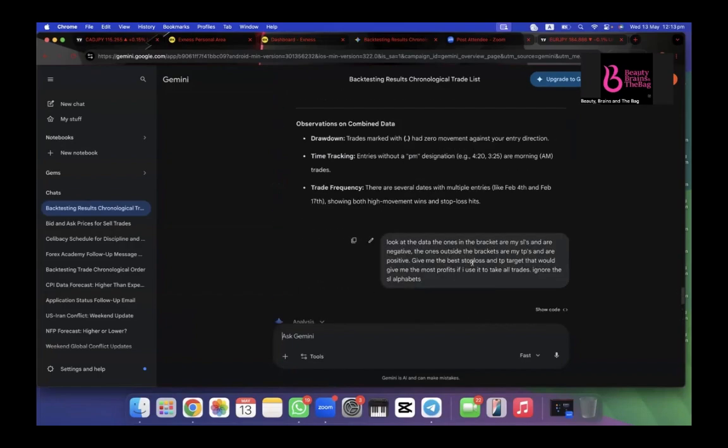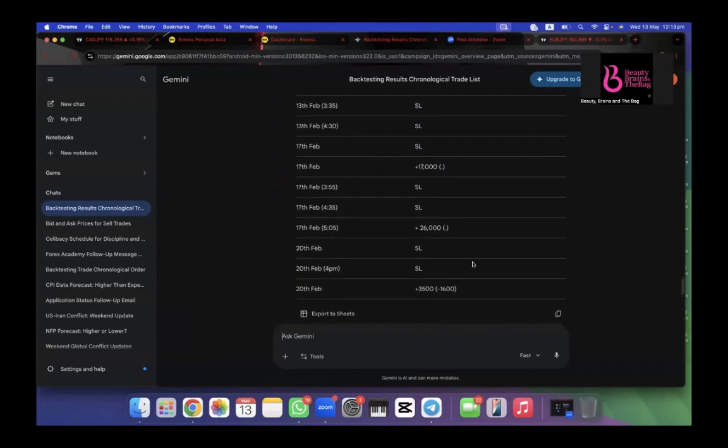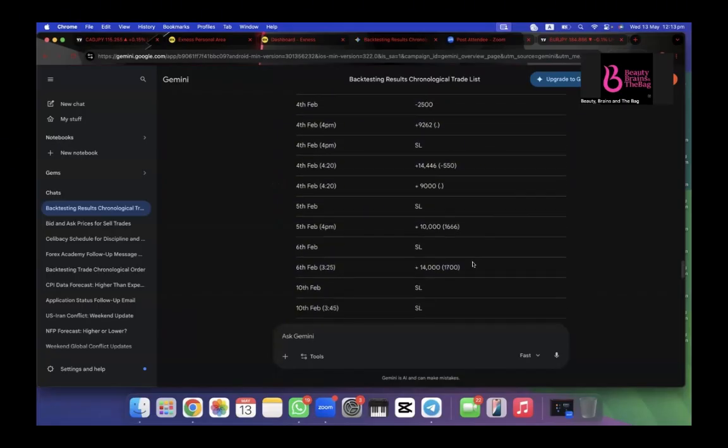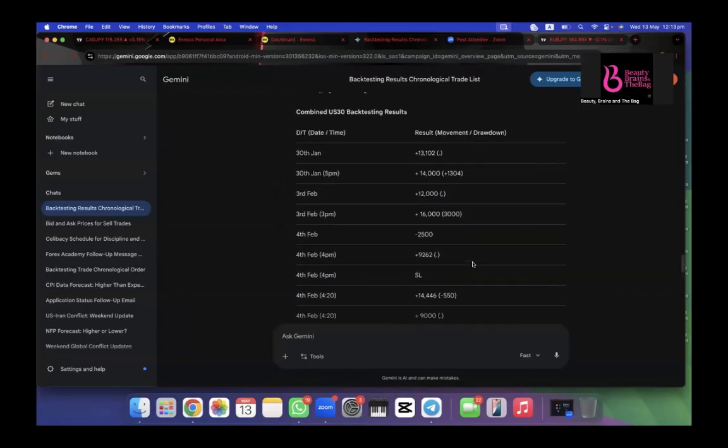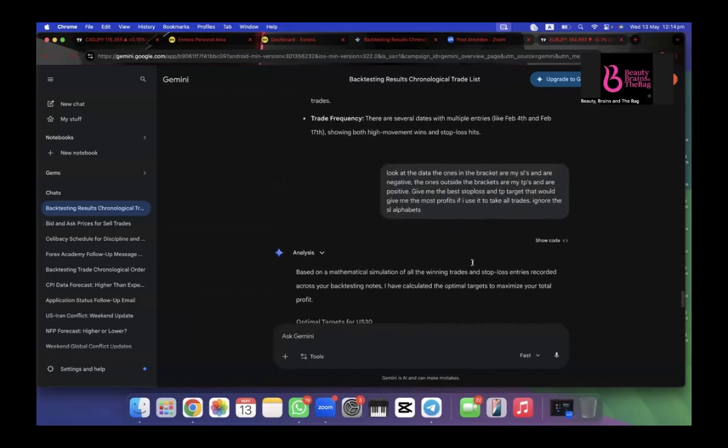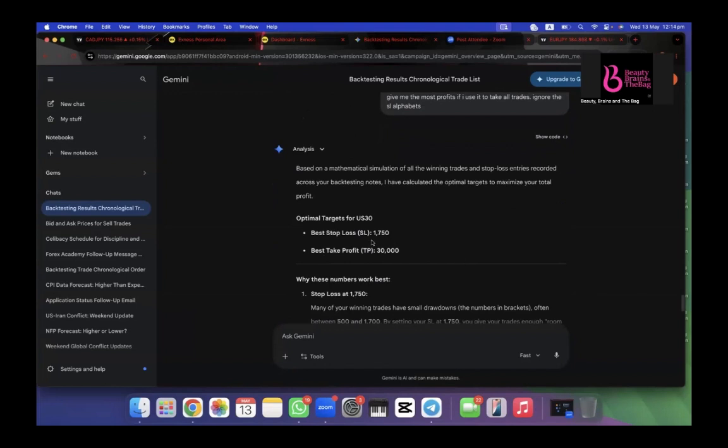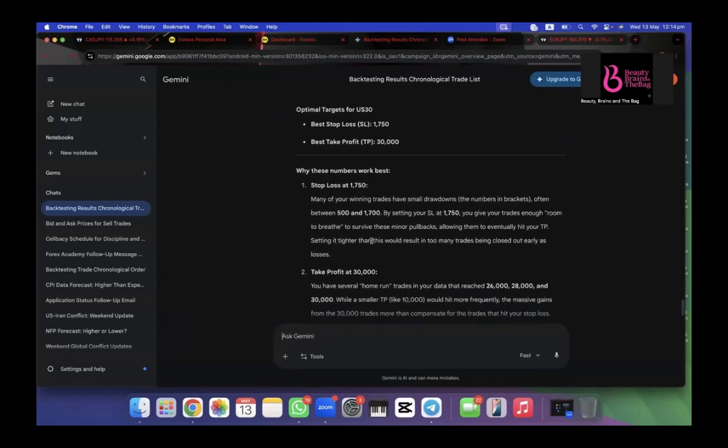So what it's telling me now is that the best stop loss target will be around 1,750, and the best TP target will be 30,000.